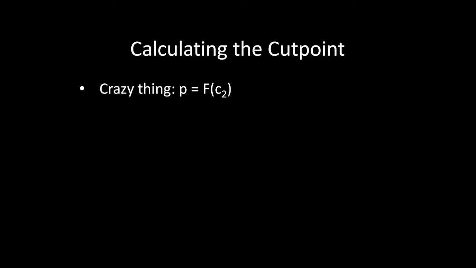So if we replace P in that previous equation, we're now with 1 minus C1 star, doing this for player 1, is equal to f of C2. If player 2 is also playing her equilibrium strategy, which obviously she needs to be doing in an equilibrium, we should be thinking about this in terms of player 2's cut point as well.